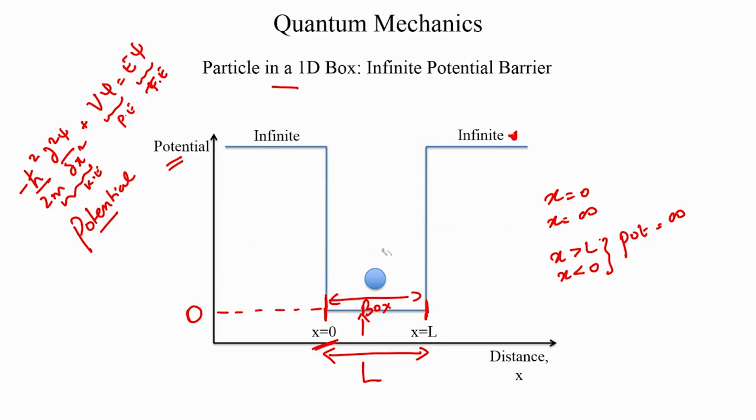Now, since all these potentials are infinitely large, it is impossible for the particle to be located in those regions, and for this example the particle remains very much confined to the box. So, the magnitude of the wave function in these regions is 0, whereas the nature of the wave function inside the box is what is to be determined.